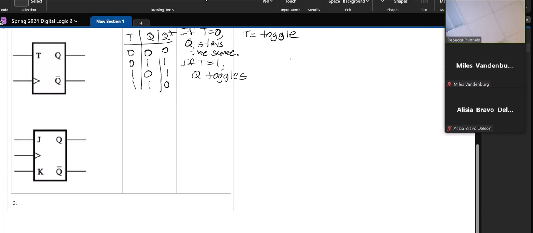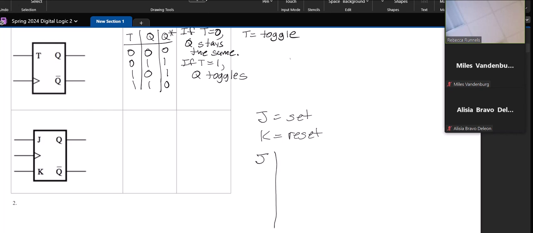Okay, so this next one is a JK flip-flop, and so we have two inputs, J and K. J is set and K is reset. And so here, because we have two inputs, as well as whatever the value of Q is, we have 8 different possibilities. So I'll write my characteristic table over here.